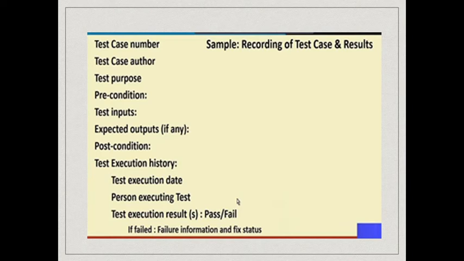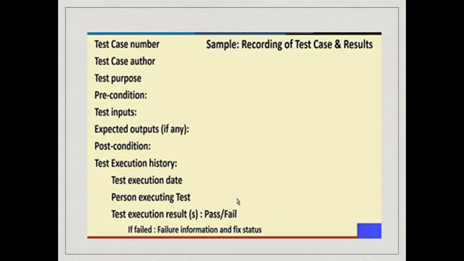Typically each test case has a number. It becomes easier to see which test case got executed, because once the system fails, the developer needs to reproduce the bug.